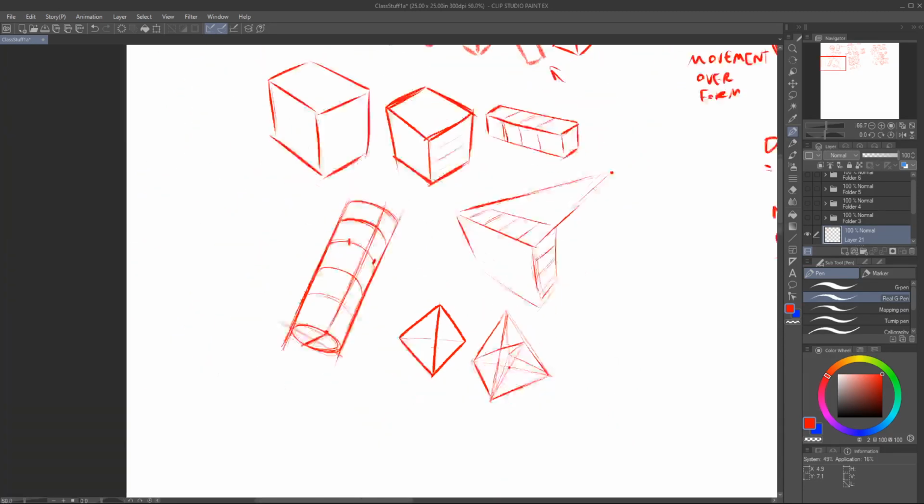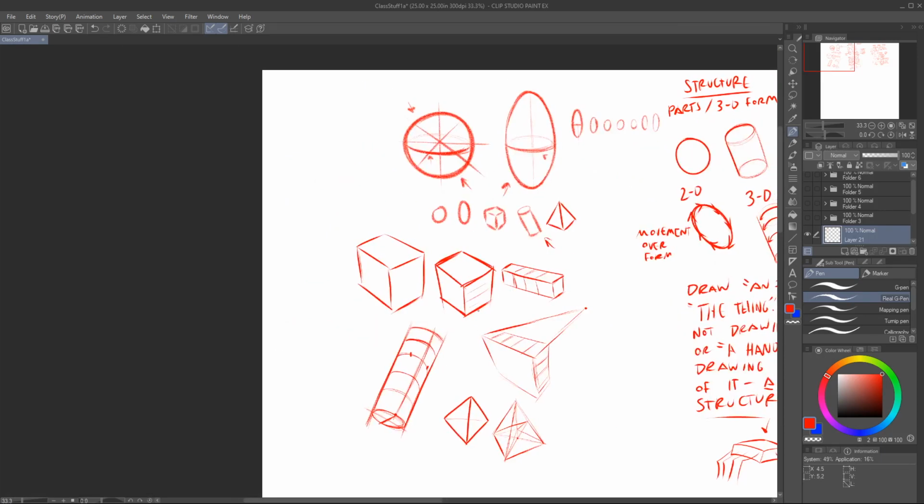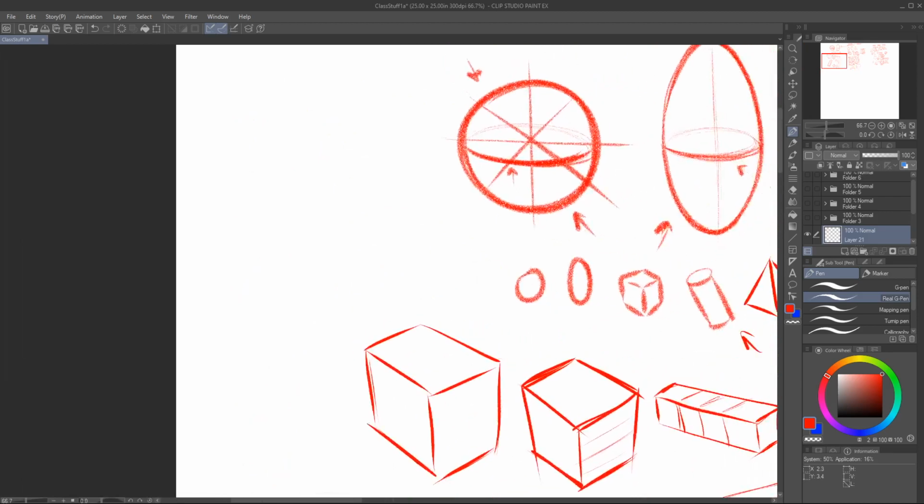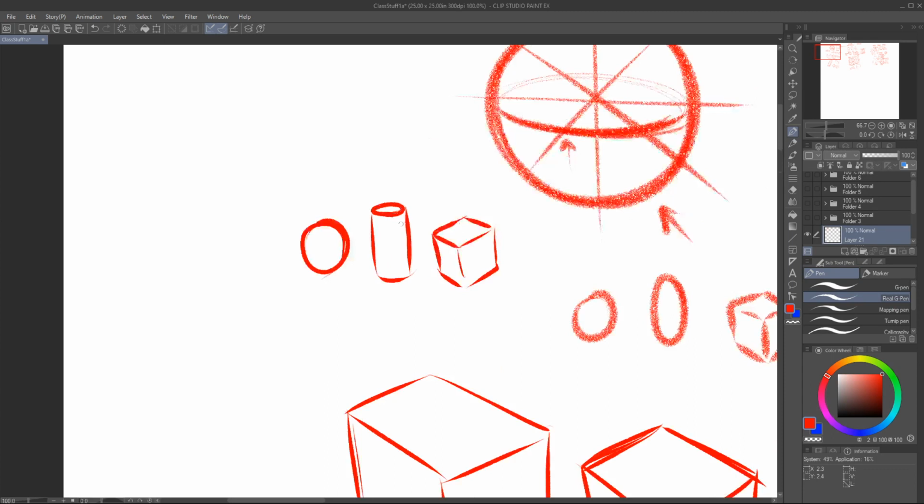The main ones you're going to be using when you're figure drawing, I mean you will occasionally use this, but the main ones will be these friends right here. And of course variants like the ovoid shape.